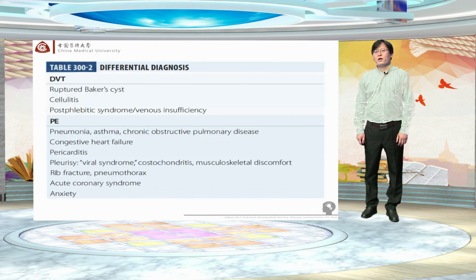And the differential diagnosis of DVT includes ruptured Baker cyst, cellulitis, post-phlebitic syndrome, or venous insufficiency. And for the differential diagnosis of PE, we have pneumonia, asthma, COPD, congestive heart failure, pericarditis, pleurisy, rib fracture, pneumothorax, acute coronary syndrome, and even anxiety.